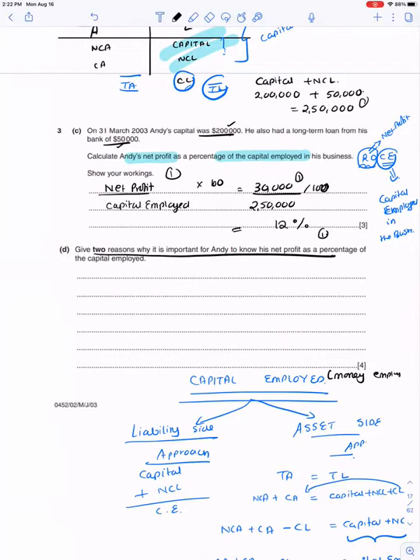First thing, return on capital employed measures the overall profitability of the business. What is the profitability that you are getting in relation to the resources used? So the first thing, it measures the overall profitability.